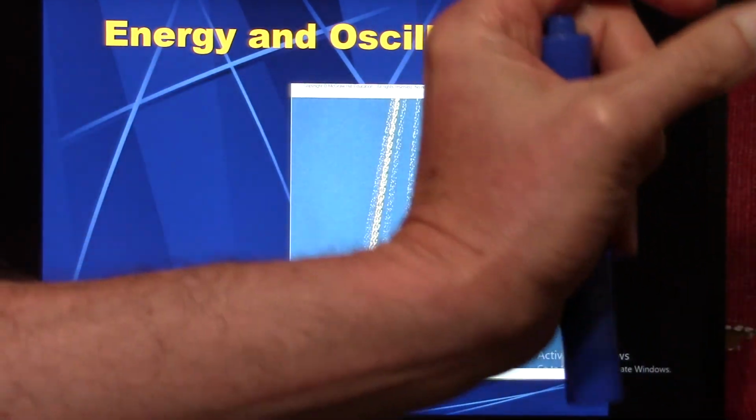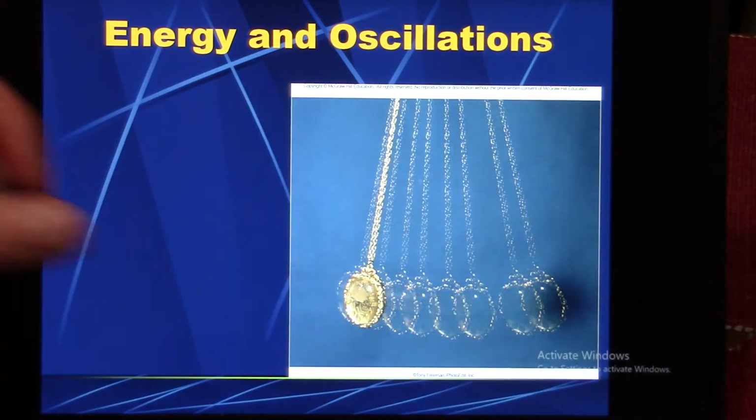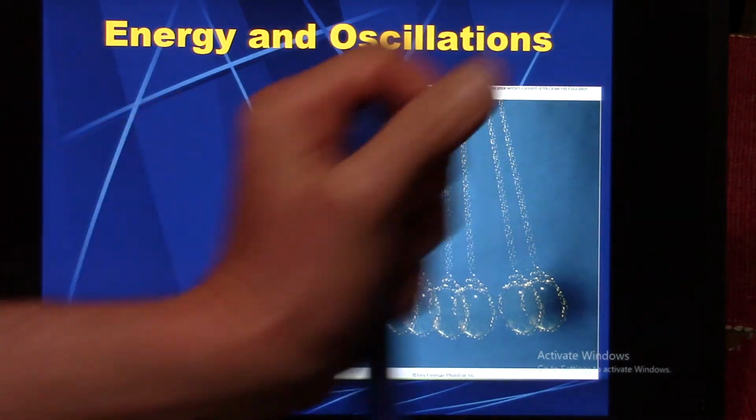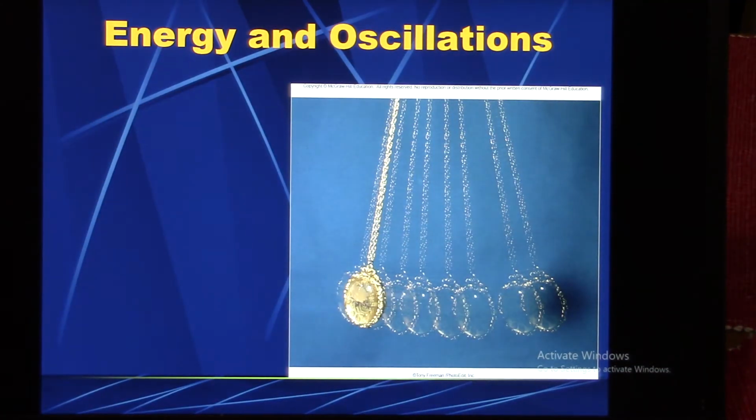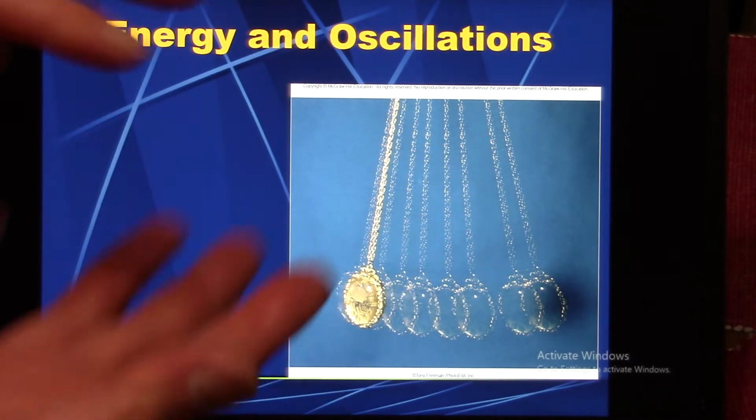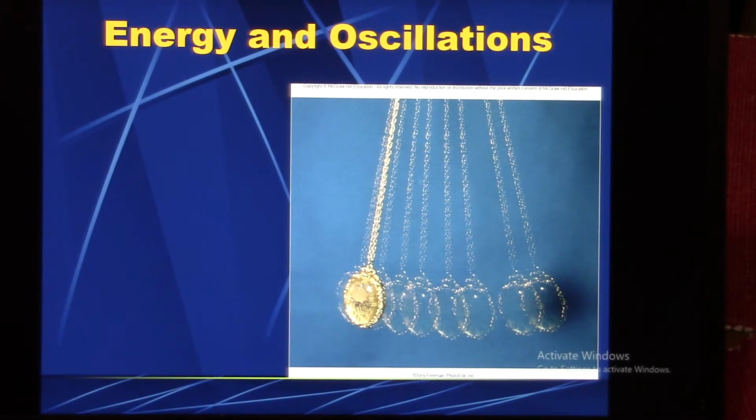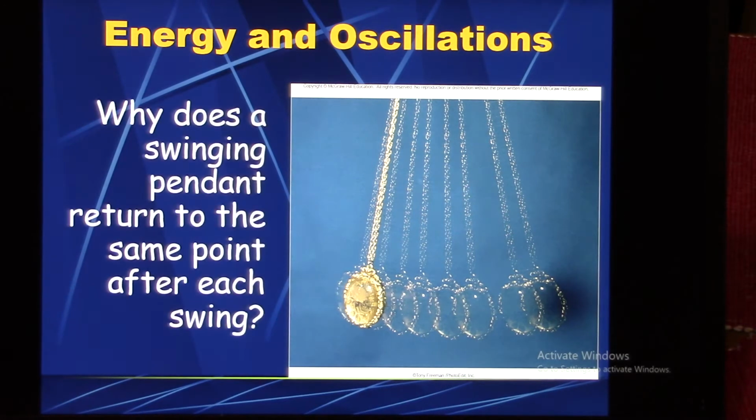It swings all the way to one side and goes back and forth. So it has energy, and it's oscillating, right? And this is everywhere. Your car has a shock absorber, so there are springs in there, but then there are dampers to stop the oscillations, right? So this is a huge field.